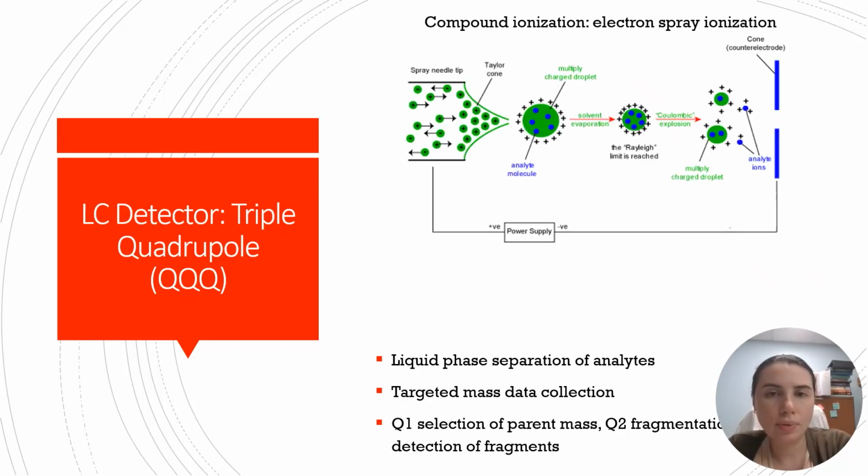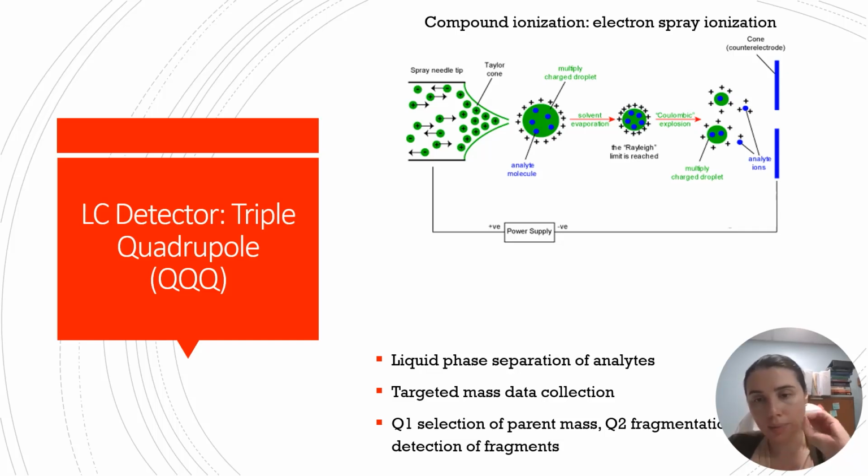In a triple quad detector, your ionization is going to be slightly different in an LC triple quad. You will have, most of the times in clinical analyses, electrospray ionization. So as your sample comes in liquid form from the column, it goes through the spray needle tip into the source chamber.